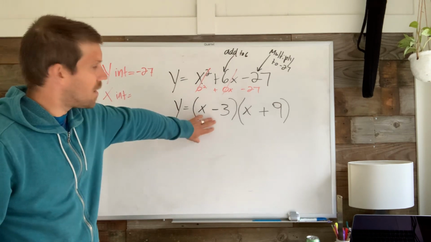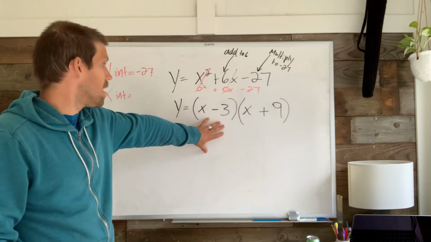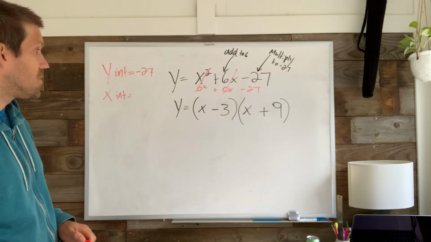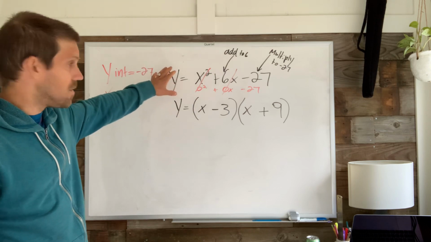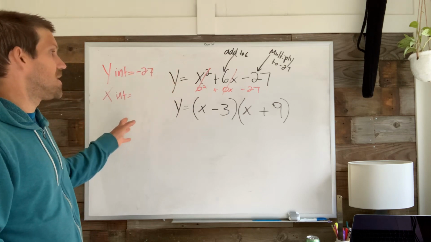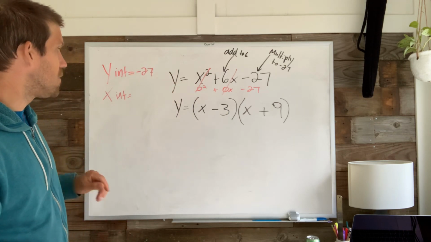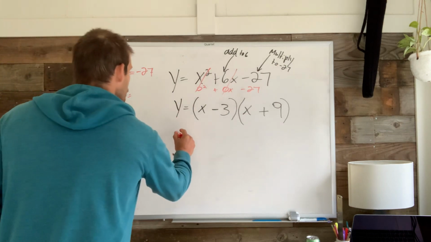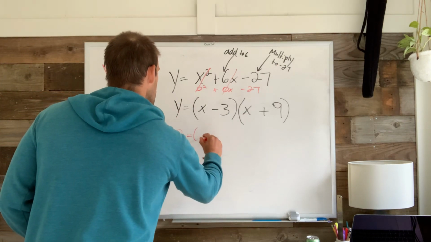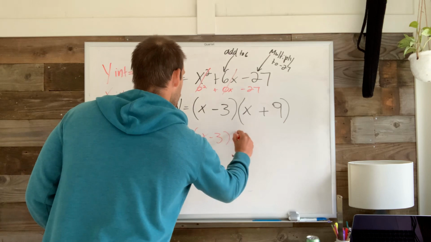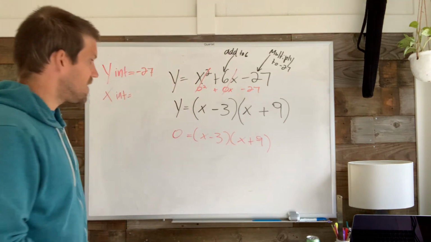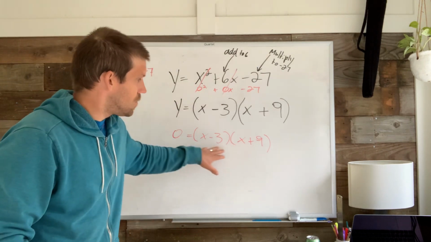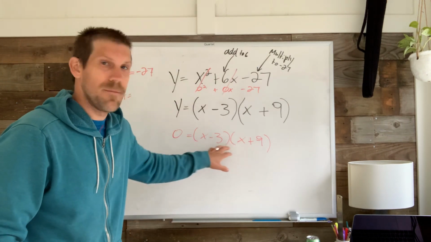So this is where we can go to find our x-intercepts here. Essentially, for a y-intercept, that's when x is 0. For an x-intercept, that's when y is 0. So how do we get this y to equal 0? Essentially what we see is these two parentheses are multiplied by each other.